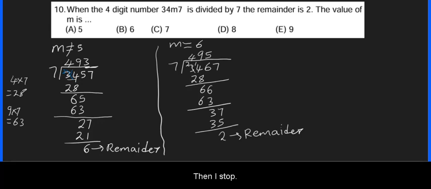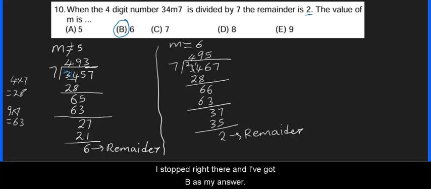Then I found my answer. The remainder is 2. As long as I found the remainder to be 2, this is my answer B. Now, what you could also do for further practice, you can double check the other options. But for this, I found my answer.